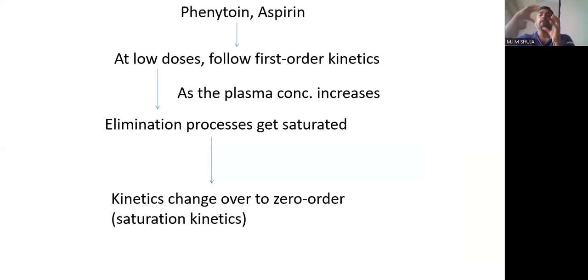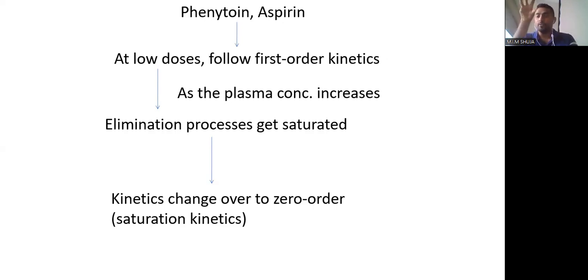But at one point in your body, all the enzymes are saturated, even for first order kinetics. Until the enzymes get saturated, the first order kinetic rules follow. The more you increase the concentration of drug, the more gets eliminated. But once, for the elimination, you need enzyme.